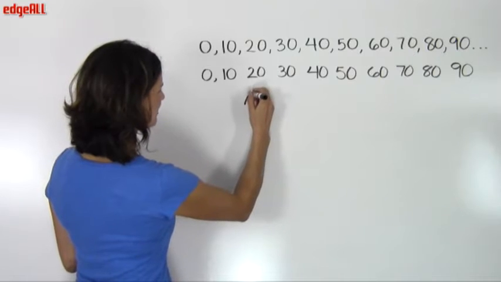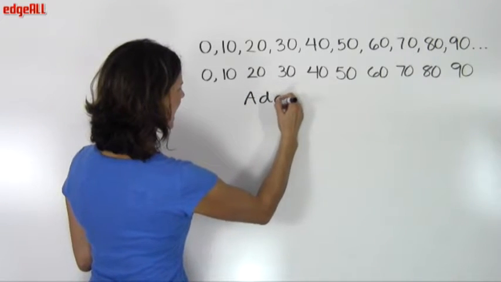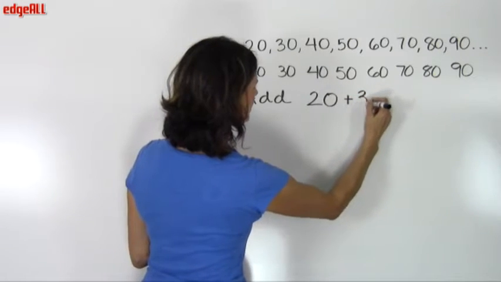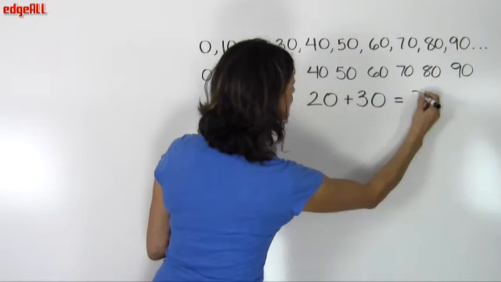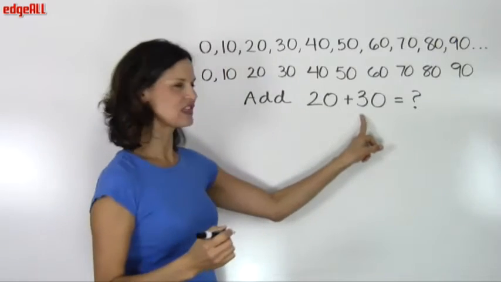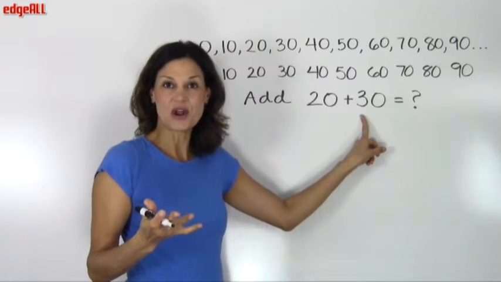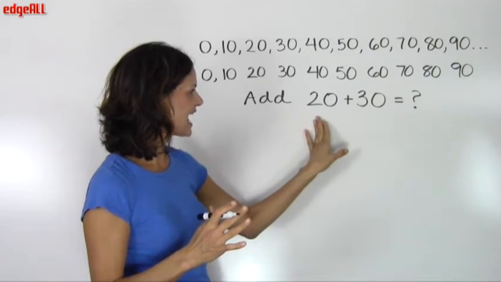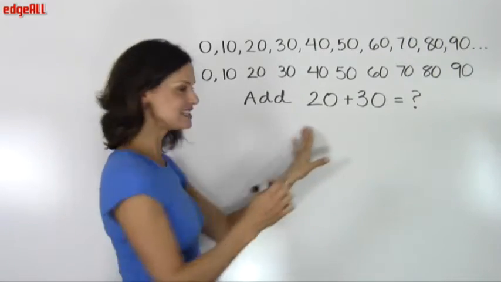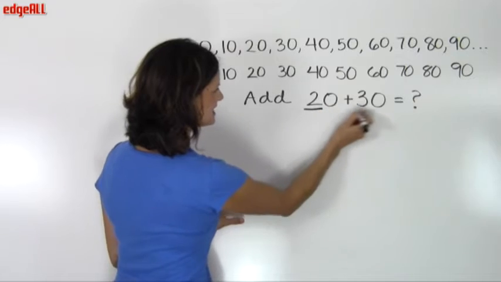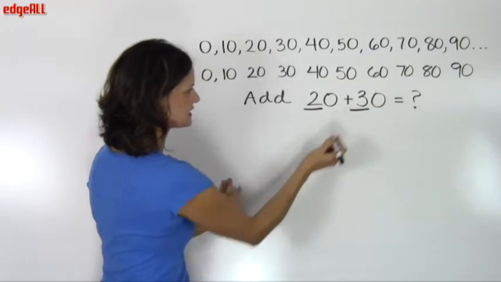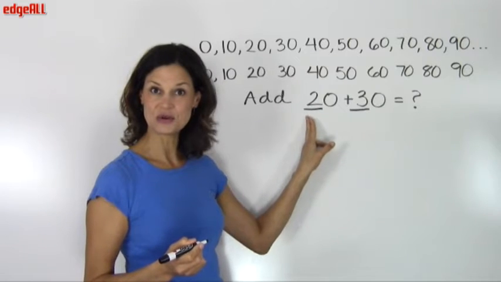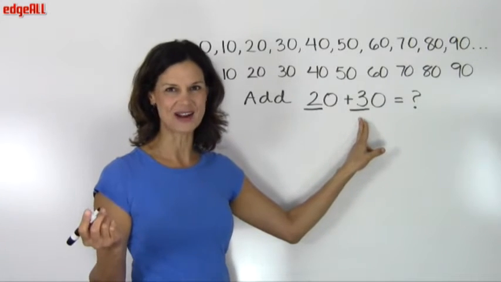In our example, we are going to add 20 plus 30. So 20 plus 30 equals what number? We need to add these two tens together. All we need to do is look at the digits here in the tens place. All we need to do is add 2 plus 3. We know that already.